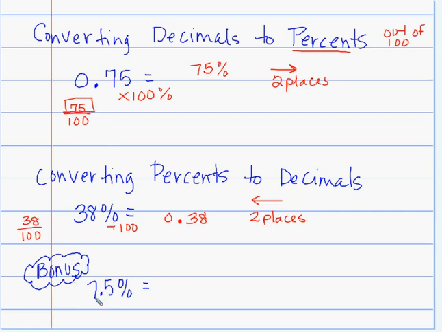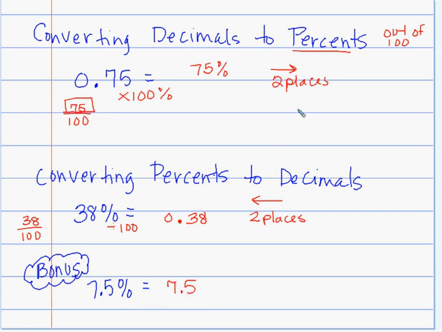Now, this is 7.5%, and we've been doing problems like this, and we've been getting them wrong. So if I want to make this percent as a decimal, it is not simply dropping the percent sign. These two are not equivalent. 7.5% means 7.5 out of 100. This just means 7.5.